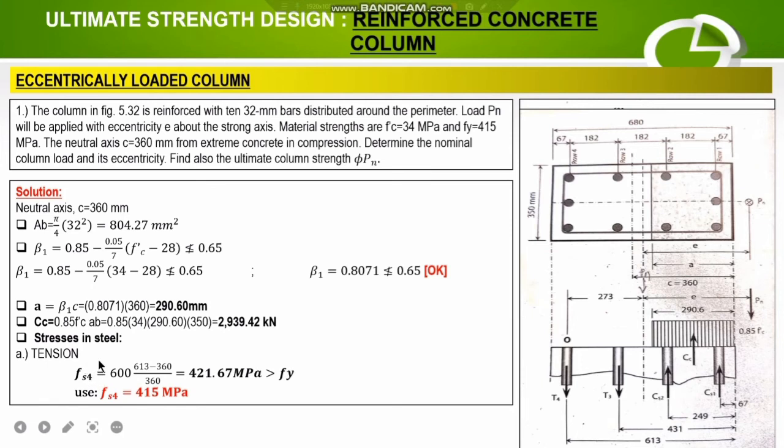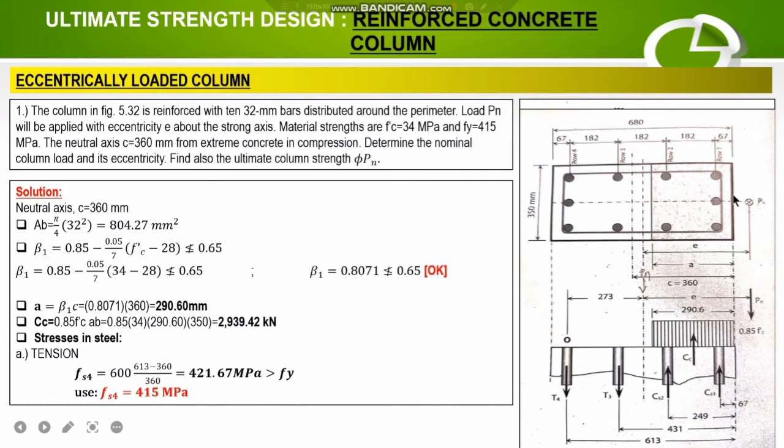In the formula, Fs for tension is equal to 600 times the quantity of D minus C all over C, where D is the effective depth from the extreme concrete fiber. So 613 can be derived by subtracting 680 by 67.